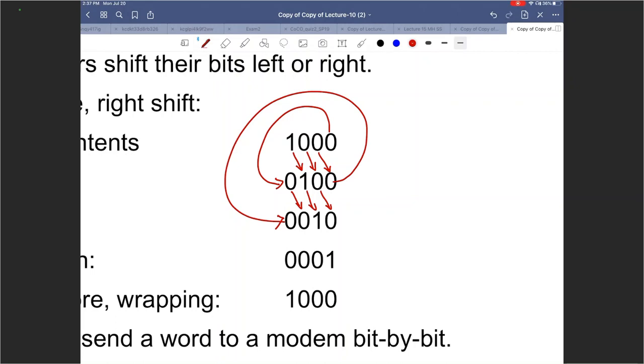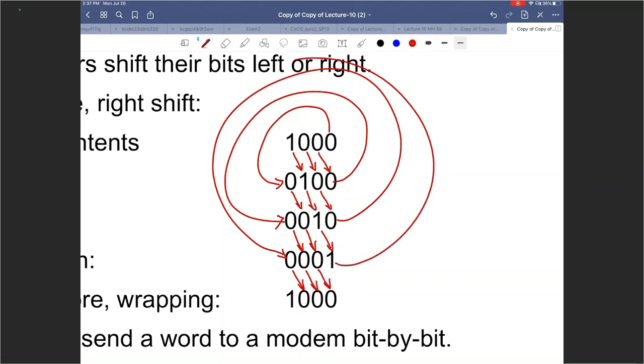Another right shift, move 1 more bit. Another right shift. And then this process keeps going, right? I hope you see that you are back to where you started, right?